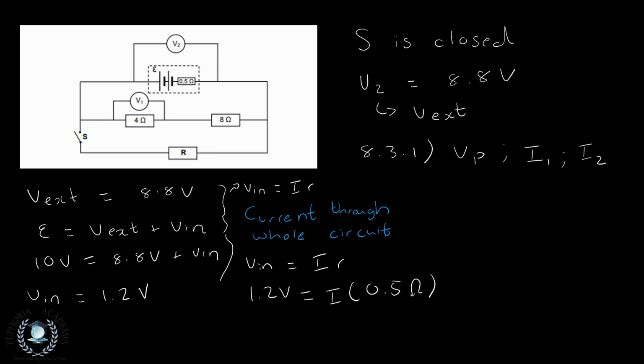Our internal resistance also did not change because we didn't change our battery, and we will find that our I is actually equal to 2.4 amps.